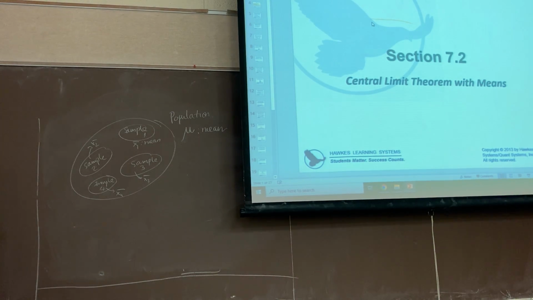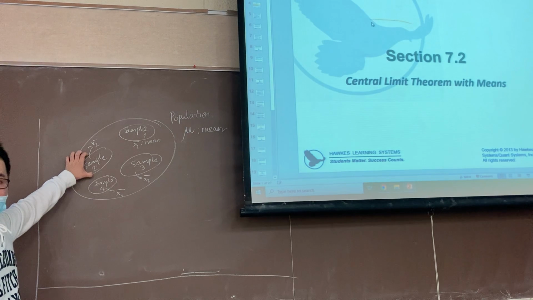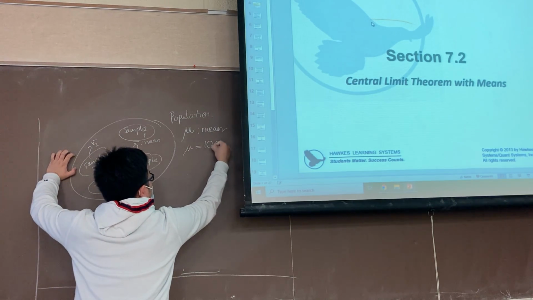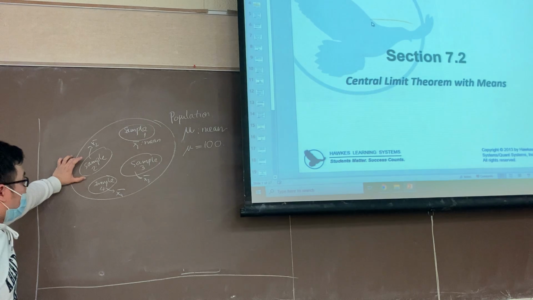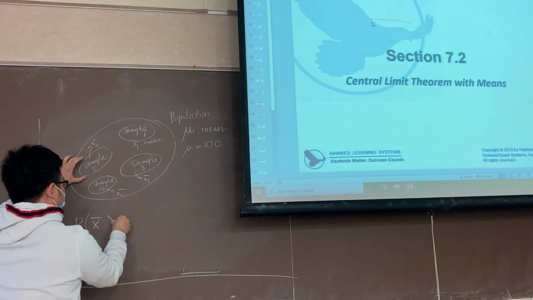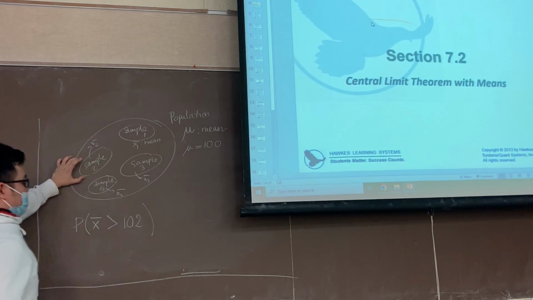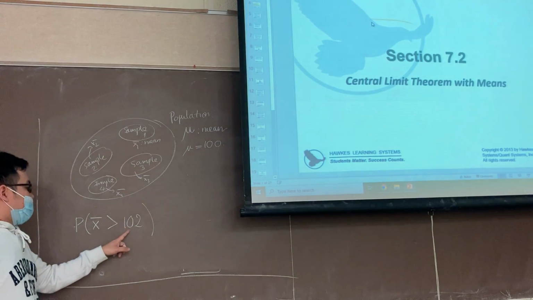And the question is: I choose randomly one sample in this population, and the mean here is 100. I want the sample mean to be greater than one specific number, for example, greater than 102.